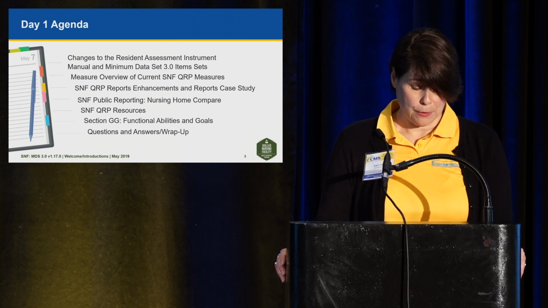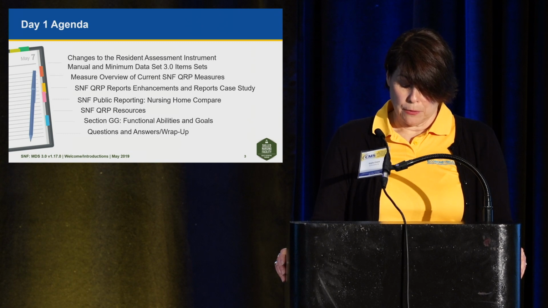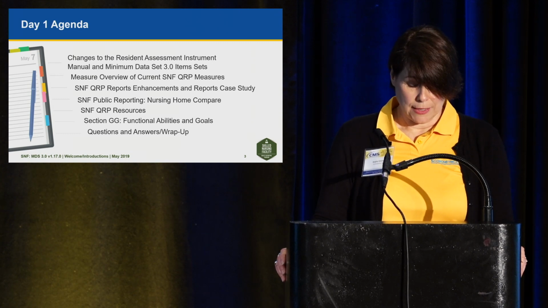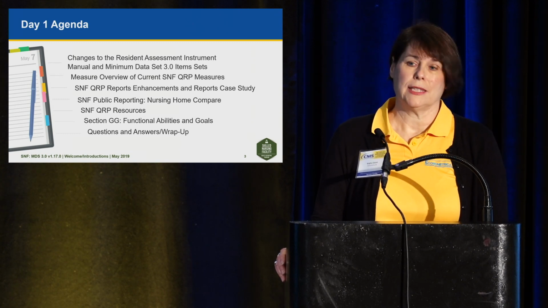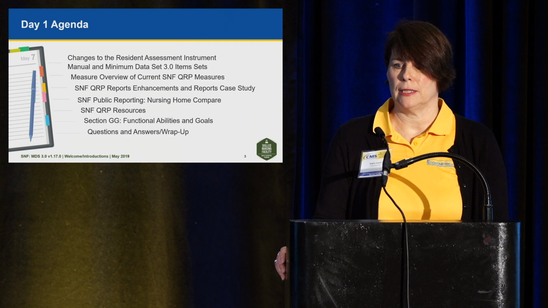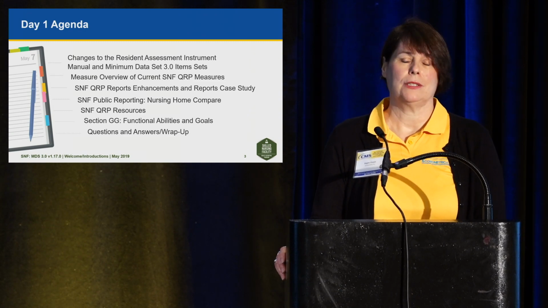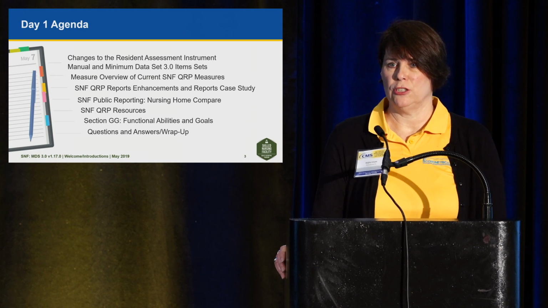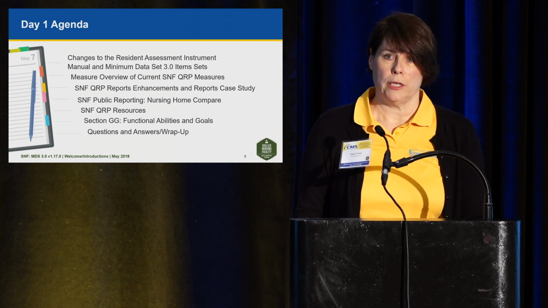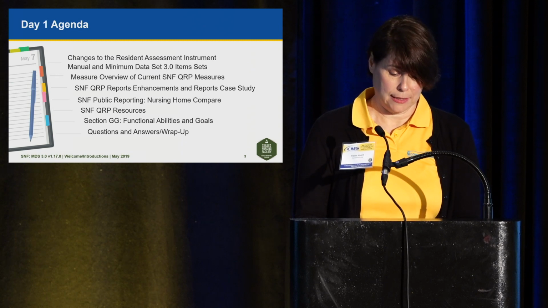So, for example, when we get to the SNF QRP reports enhancements and reports case study, you'll notice that the handouts that are numbered 6 through 10 actually support that particular presentation. And again, similarly, those same materials for people who are joining online would be in the subfolder for that particular presentation.